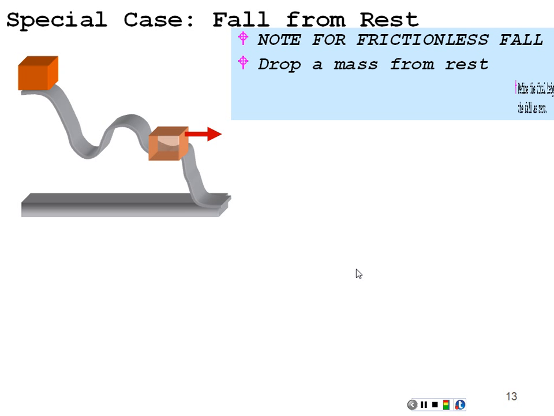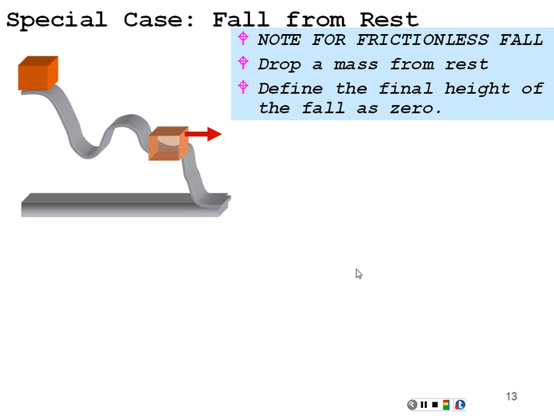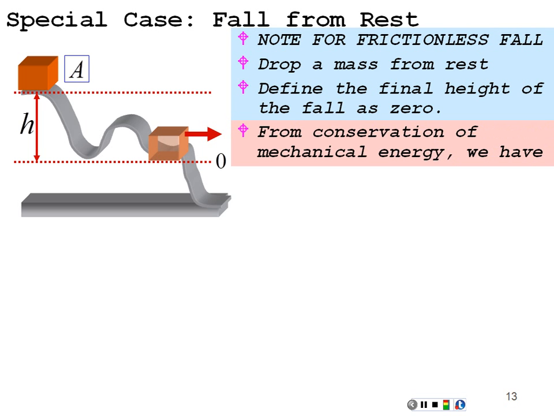Here's a special case. If we were to drop a mass starting from rest to a lower height with no dissipative effects along the way, what would happen? Well, let's set our lower height as being our zero height and set up our mechanical equation, point A being the first height, point B being the second point.